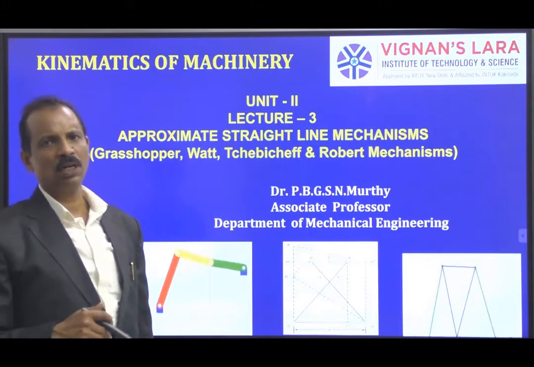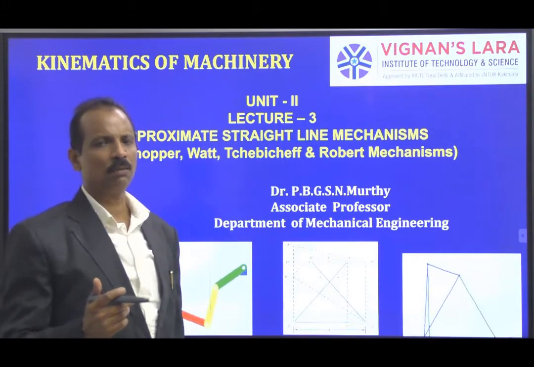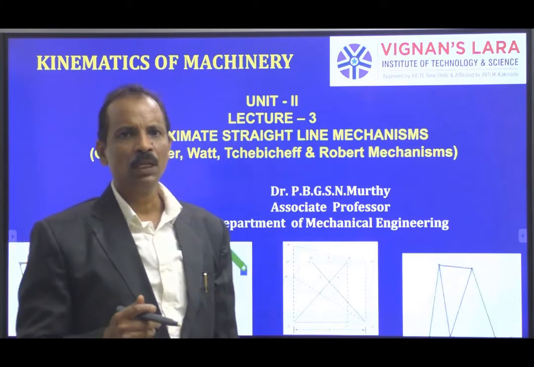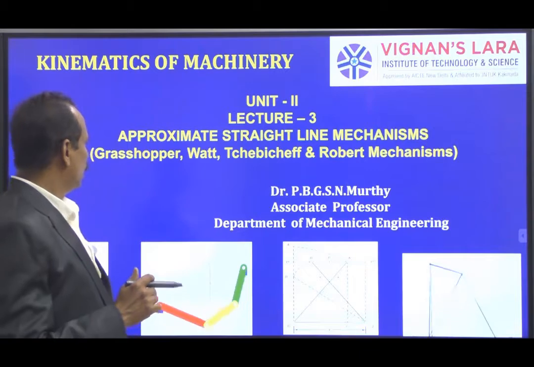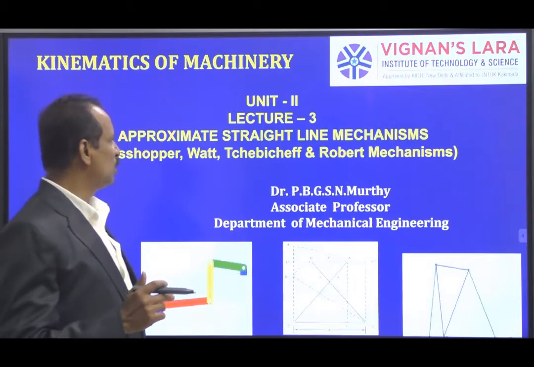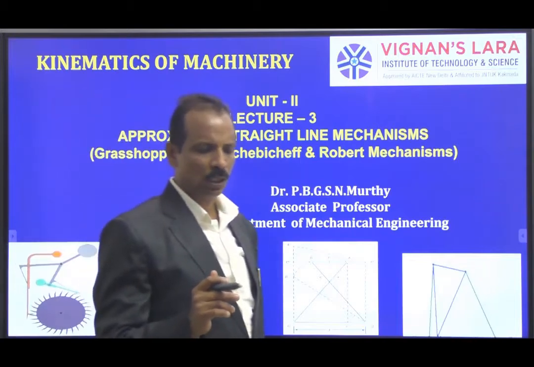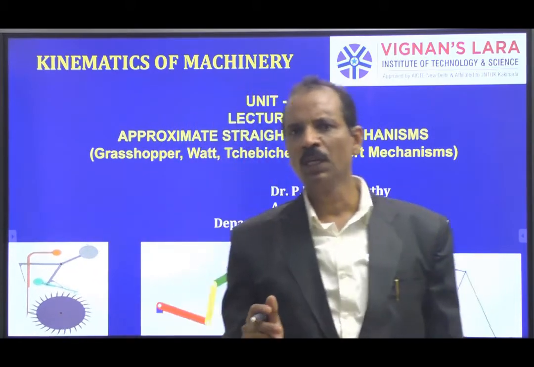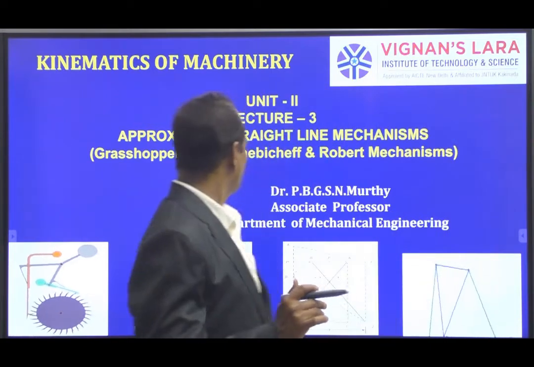That is the origin for the Grasshopper mechanism. That is why first I will discuss the modified Scott-Russell mechanism, then I will move to the Grasshopper mechanism. Then Watt, Chebyshev and Robert, these are the four mechanisms which are part of our curriculum under approximate straight line mechanisms, isn't it?